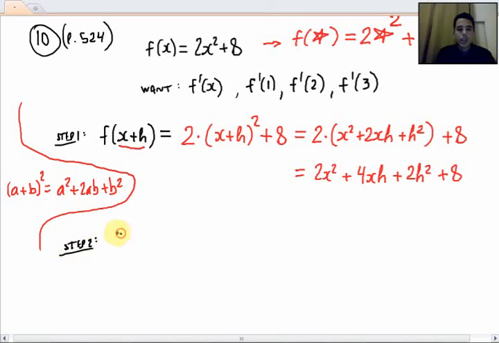We're going to take that f of x plus h, which is this expression here, and we're going to subtract f of x.